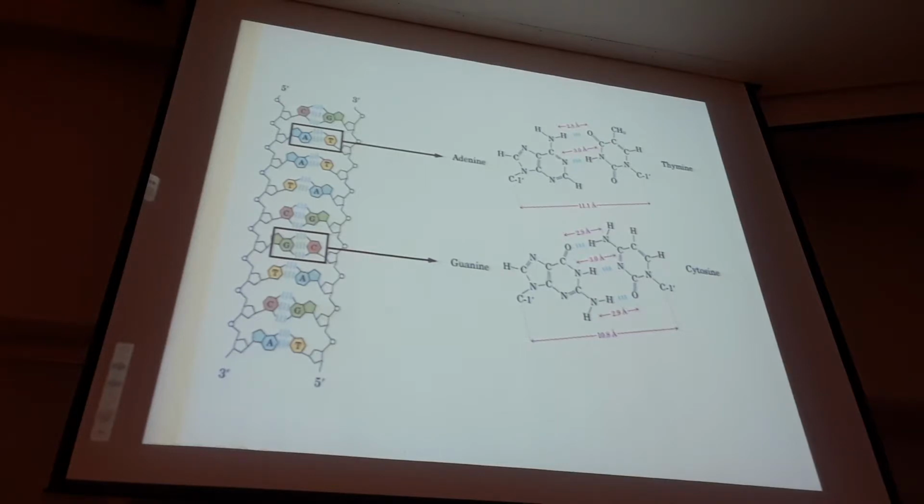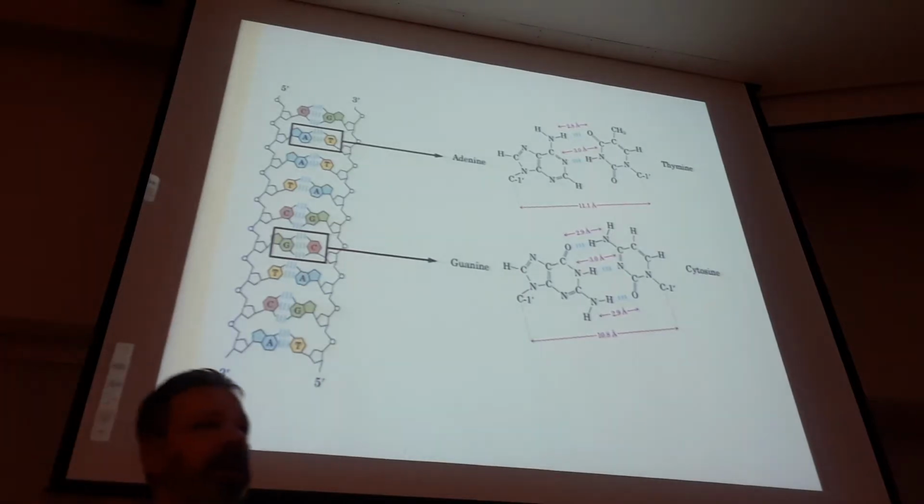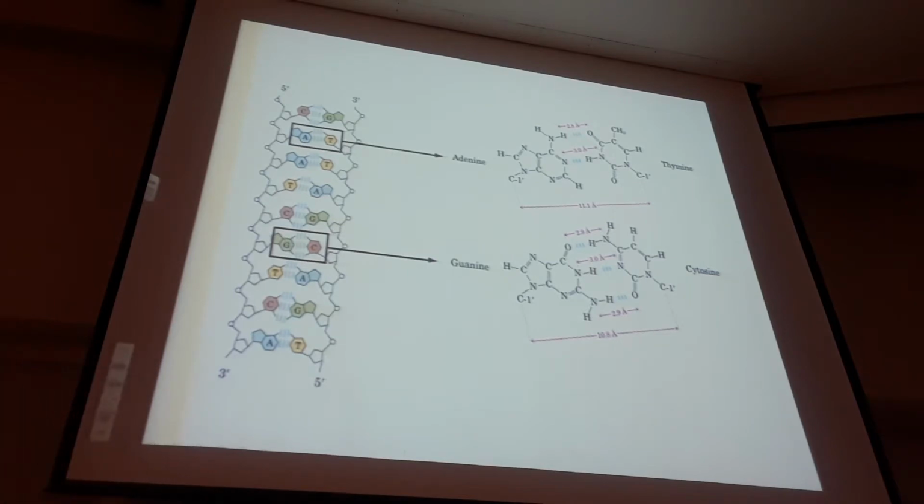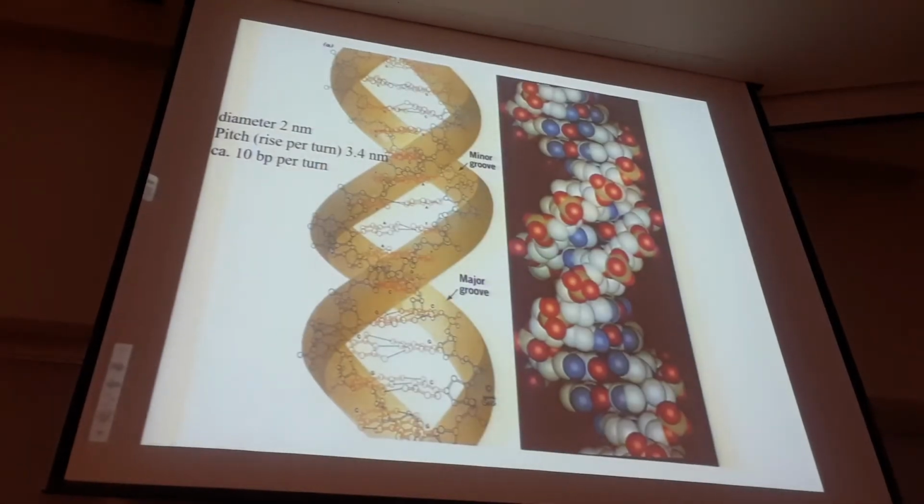So they are complementary, they are not identical. Also, they are anti-parallel, meaning they run in opposite directions. So if we have the 5' end of the left strand here on top, and it runs down to the 3' end, top to bottom, the other strand runs in the opposite direction. So they are complementary and anti-parallel. And in 3 dimensions, as I told you, they assume a helical structure, which here we see on the left in a ribbon diagram, and here on the right in a space filling diagram.